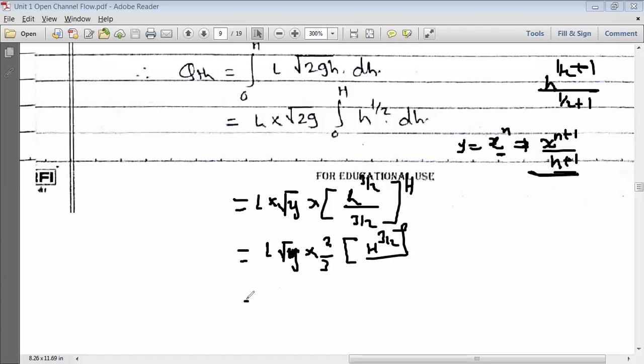If I write this theoretical discharge properly, I can write 2 by 3 into L into under root of 2g into h raised to 3 by 2.